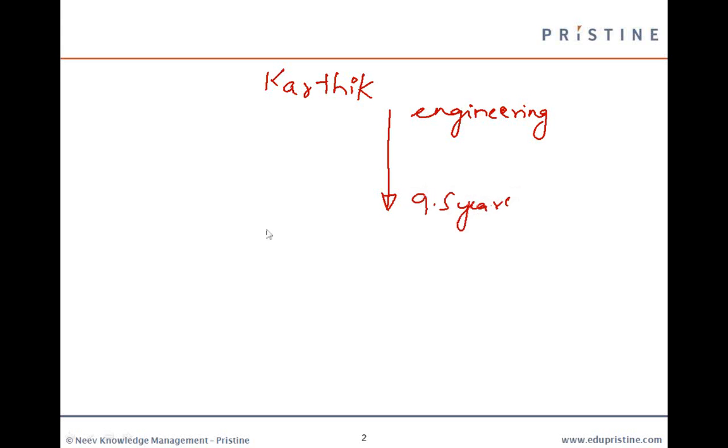I'm both a CFA charter holder as well as an FRM charter holder. Before you ask, yes, I completed both CFA and FRM while I was working. I never took a break from my job, and I completed both in the first attempt itself.